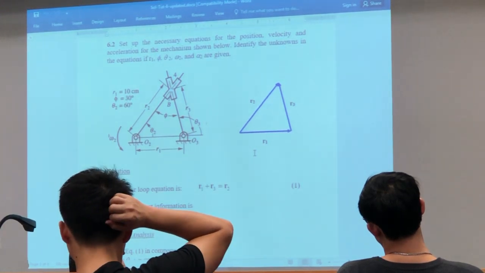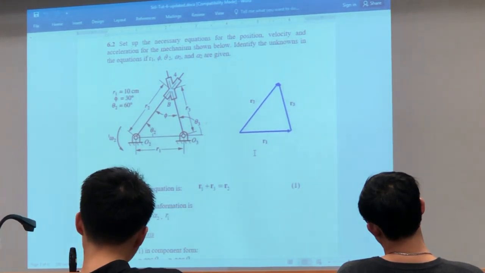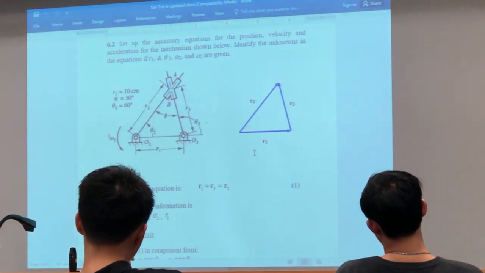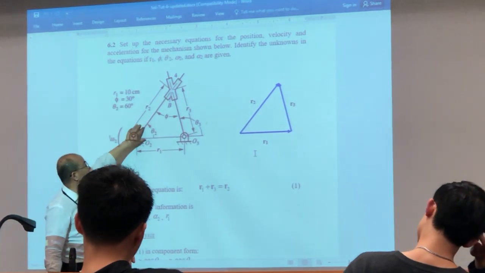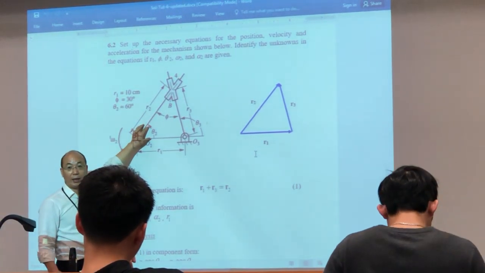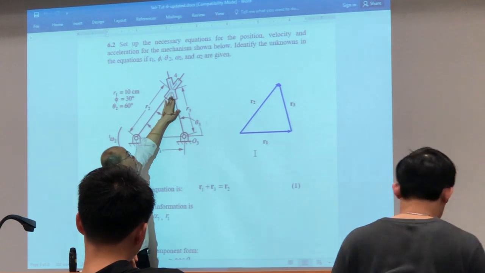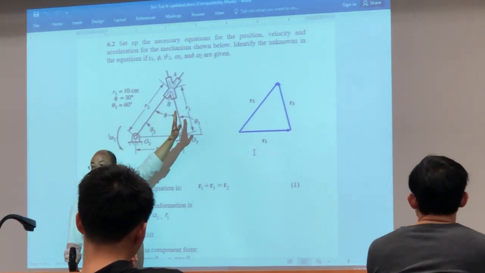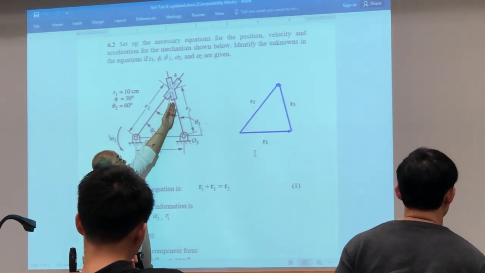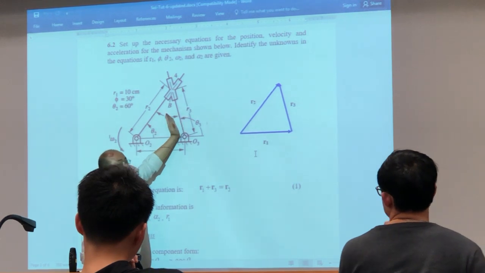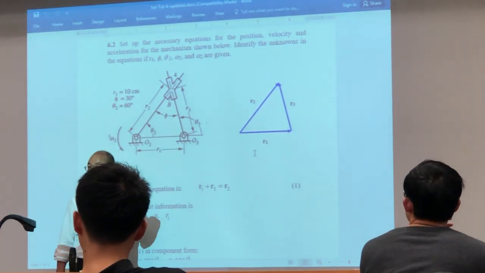This one is one piece, and the angle here is fixed. Now you can imagine when link 2 starts to rotate, the slider will start sliding. When this slider slides, it will bring link 3 to rotate also.